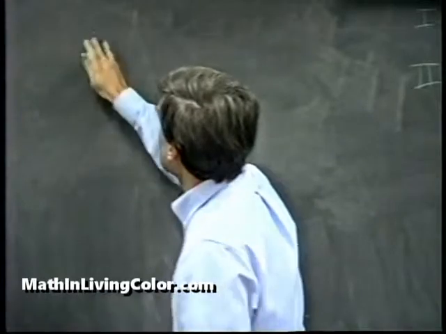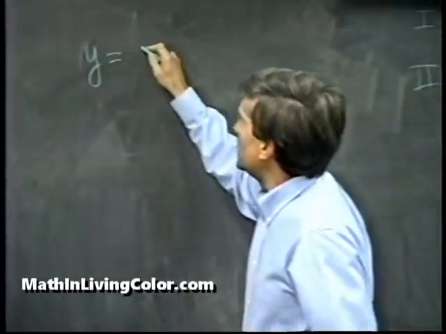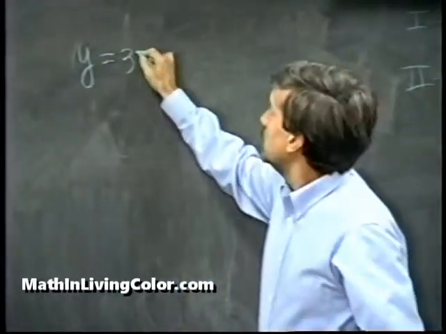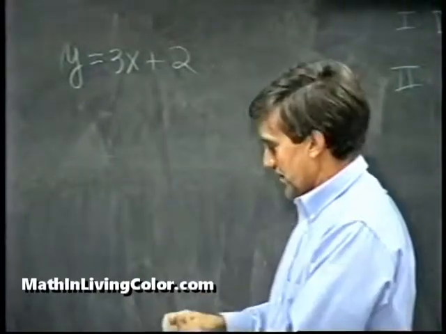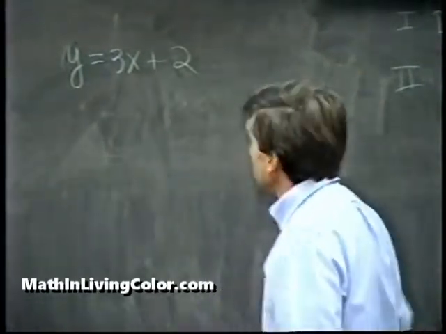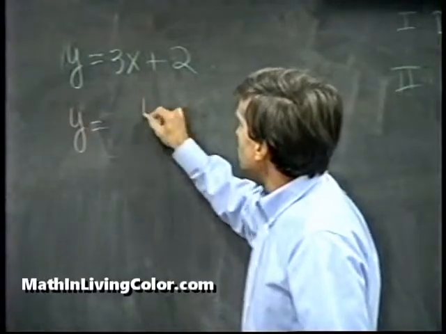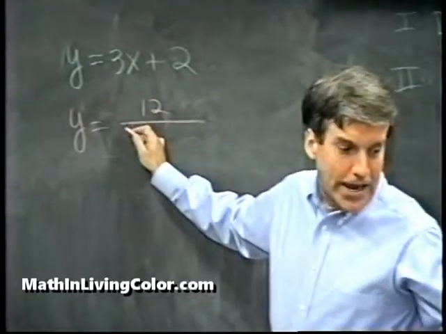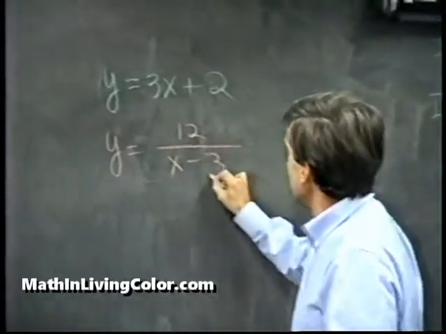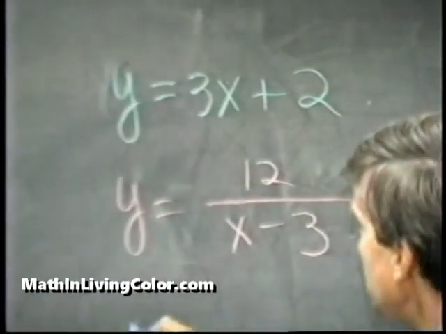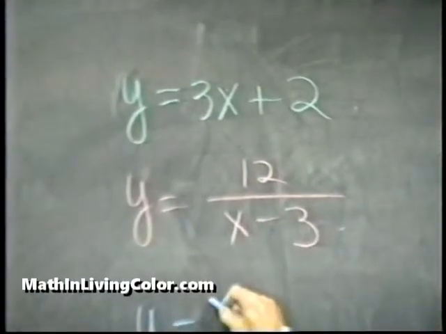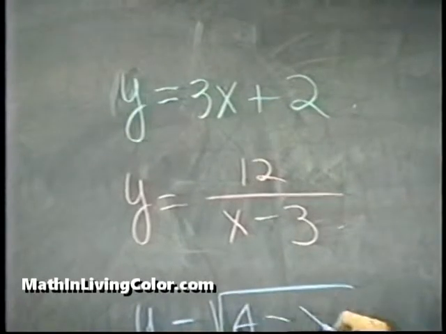I think the first one was green, wasn't it? y equals 3x plus 2. The second problem I gave you, I think I did in pink, was y equals 12 over x minus 3. And the third problem, I believe, was in blue, y equals the square root of 4 minus x.